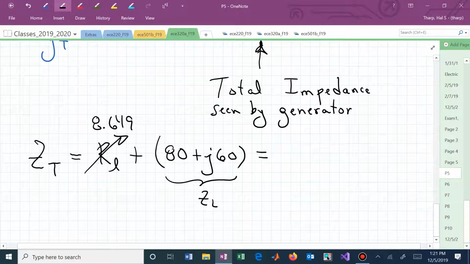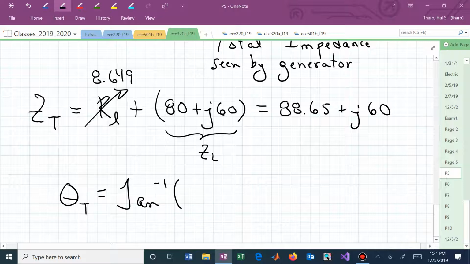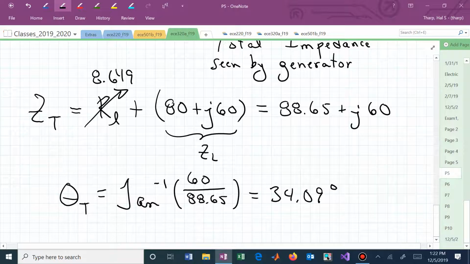We add all of those pieces together and we obtain 88.65 plus J60. And now we can find an angle of that impedance. That will be our theta total. Theta total is the inverse tangent of the imaginary piece over the real piece. We don't go up quite as high as we go over, so we're not even quite up to 45 degrees. And in fact, this is 34 degrees.